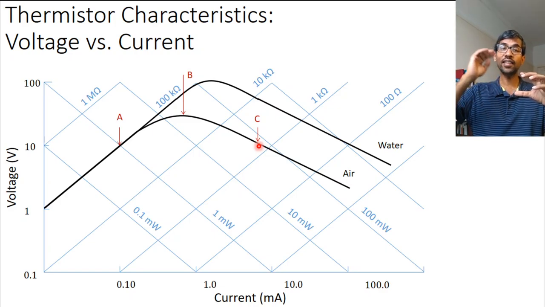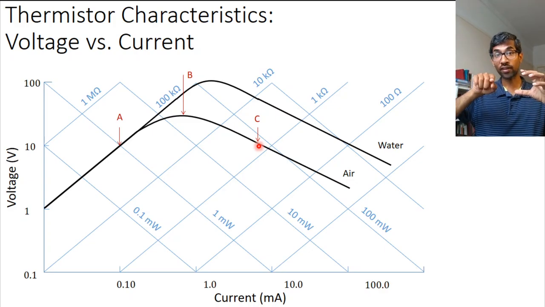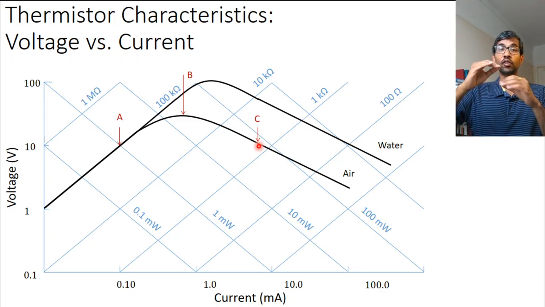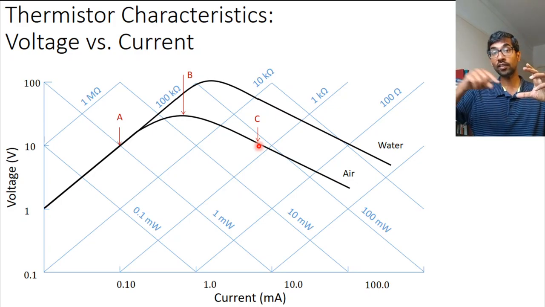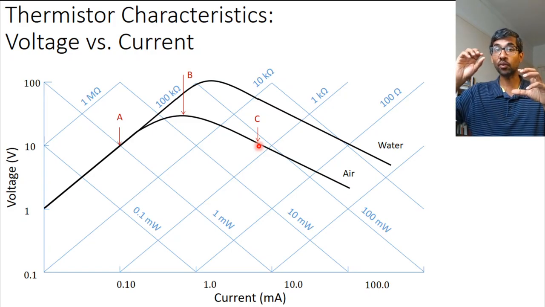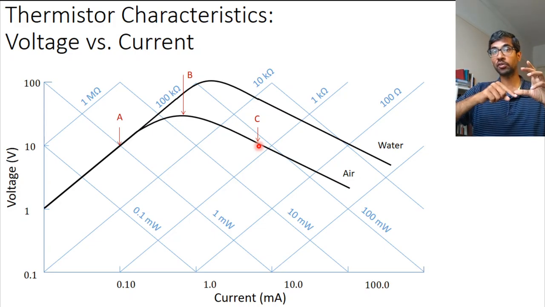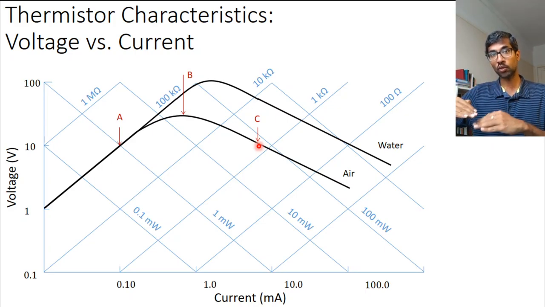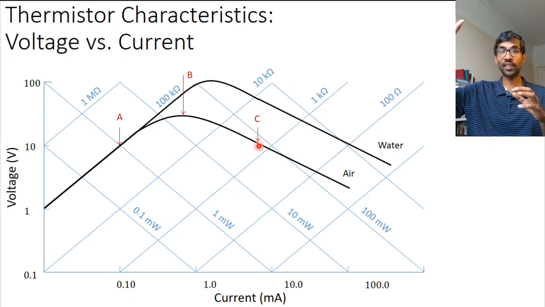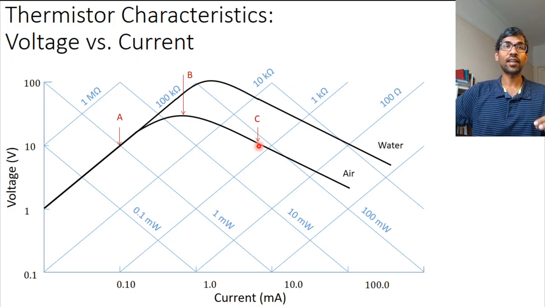If the current increases, more power is dissipated in the thermistor, and therefore the resistance goes further down. More current starts to flow through the thermistor, which results in the resistance going down a little bit more, and the current increases more. This vicious cycle just keeps happening till the thermistor burns off. And that's why this area is called the runaway.